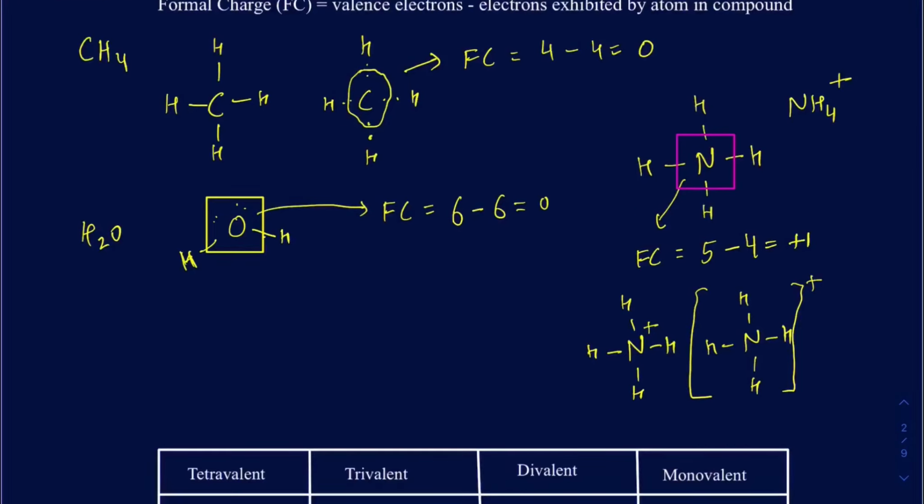Suppose I have this ion here, let's call it CN. I'm trying to figure out the formal charge on this carbon.